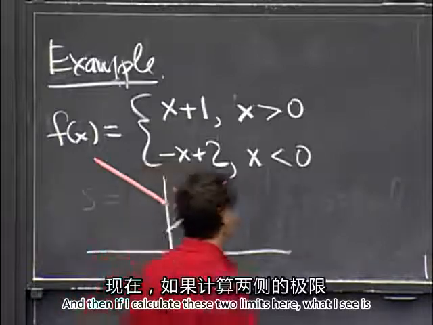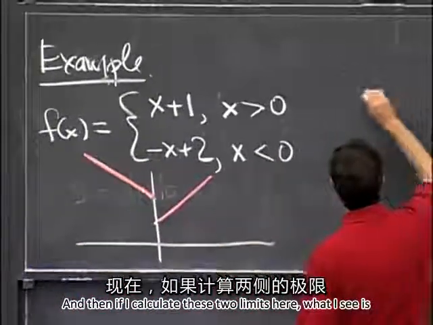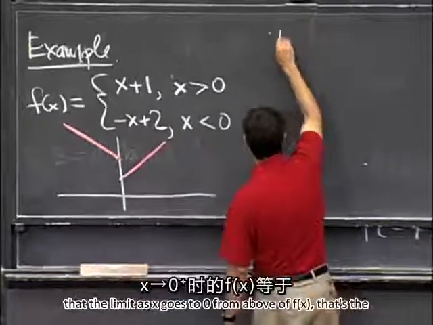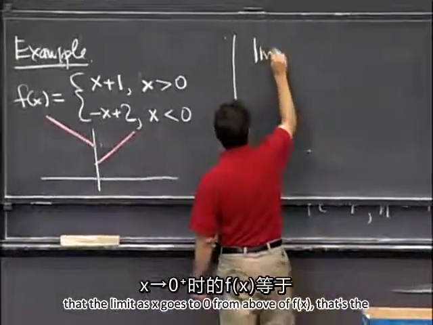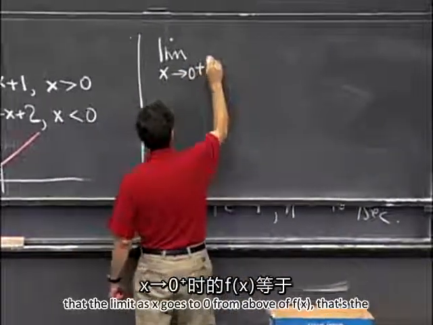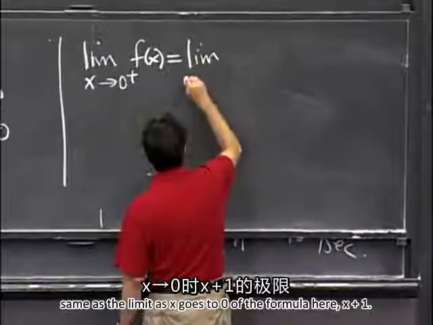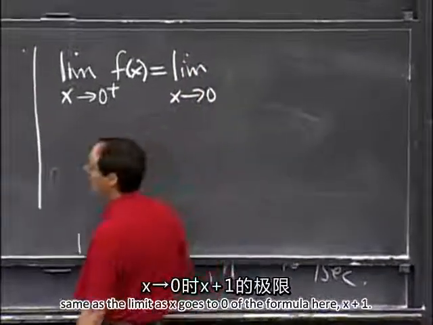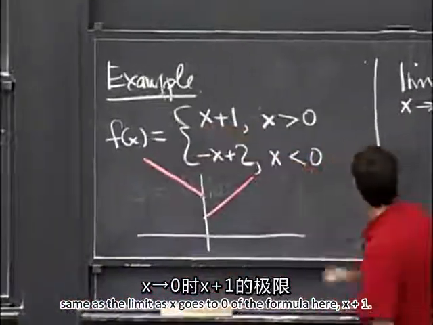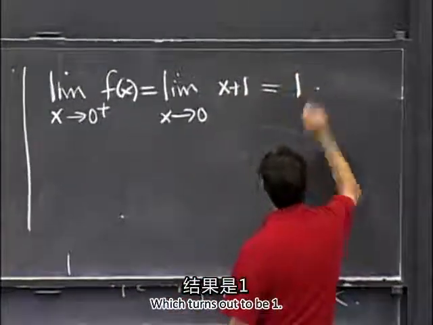And then if I calculate these two limits here, what I see is that the limit as x goes to 0 from above of f of x is the same as the limit as x goes to 0 of the formula here, x plus 1, which turns out to be 1.